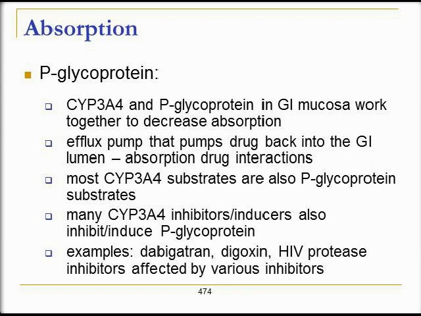Some examples of P-glycoprotein substrates are dabigatran, digoxin, and HIV protease inhibitors. Those all can be affected by various inhibitors. I have some examples there on the bottom of page 4 where those agents are affected by various substances, which I also have listed there on 474. So P-glycoprotein, just like CYP3A4, can be an important mechanism as far as drug interactions are concerned.